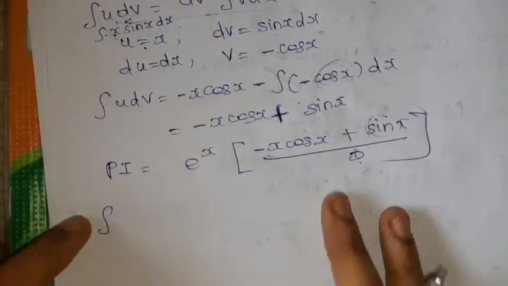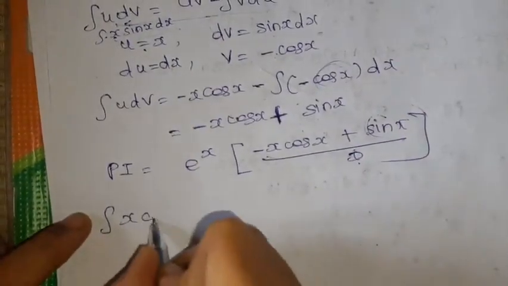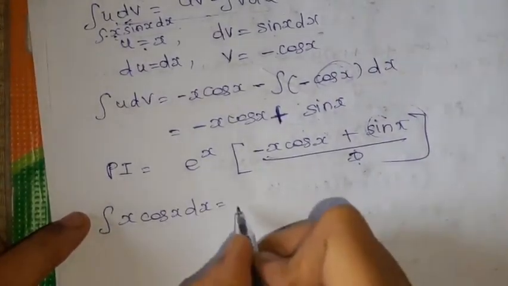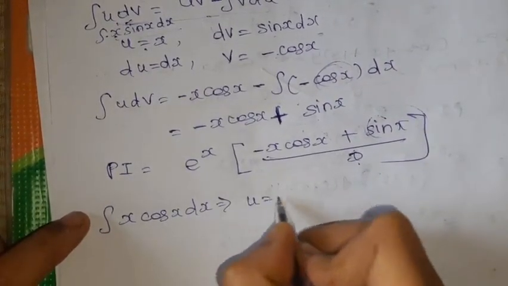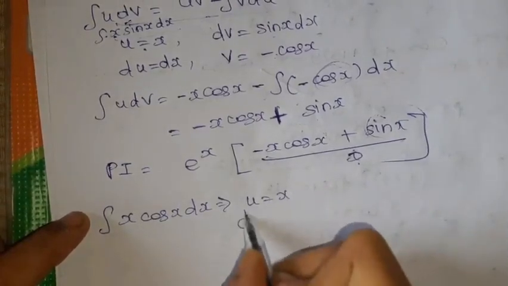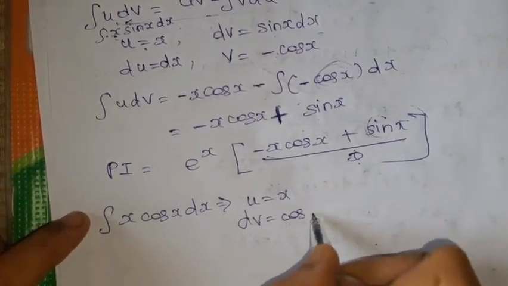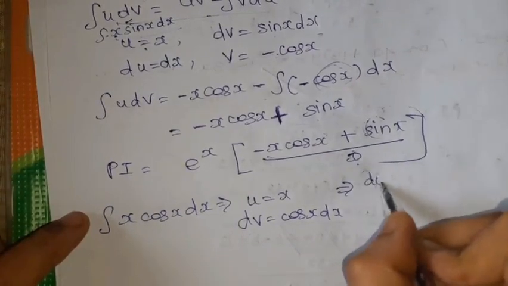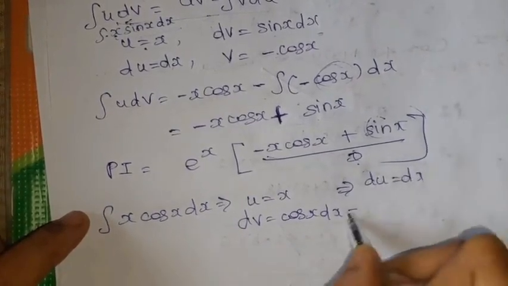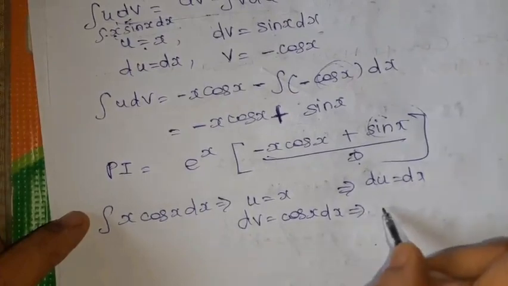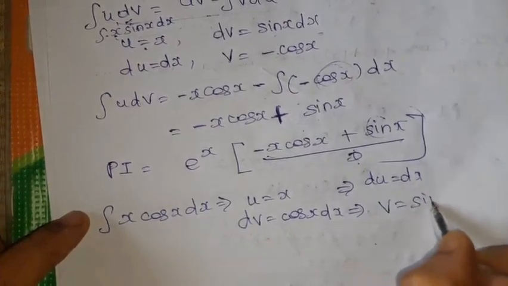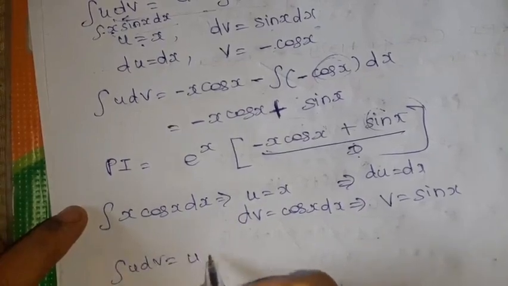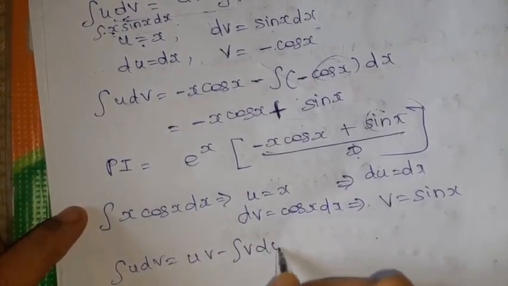The same thing: we will take only x cos x, and let the negative sign be there. u equal to x, du equal to dx. So dv is cos x dx, and integrating that we get v equal to sin x. Just substitute in that formula: integral u dv equal to uv minus integral v du.